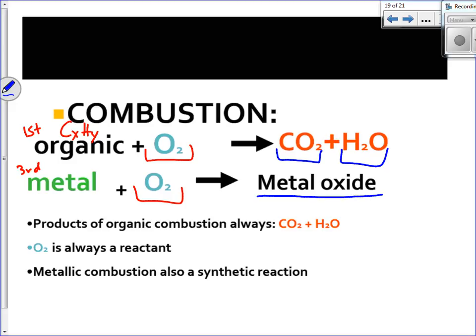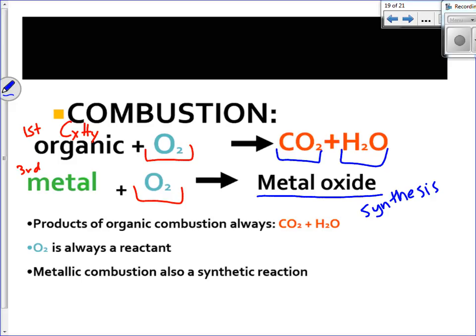And what other reaction type do we see happening here? Synthesis. This one can also be called synthesis because you're taking two things and combining them together. But when you see a metal with oxygen, you know it's metallic combustion here.